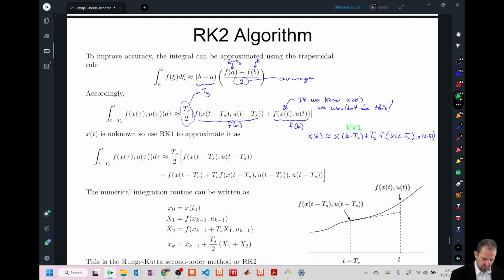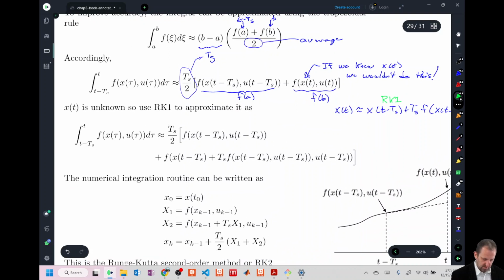So if you look here, down at the next equation, we can straightaway take this guy, right? It's still f of A. And this guy right here is an approximation.